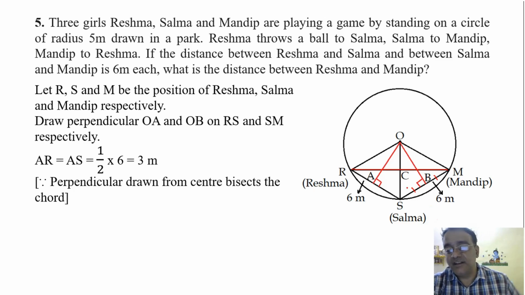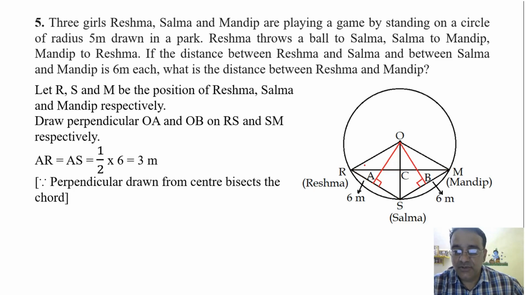Now what will we do? We will find the area. Look carefully. We'll find the area of triangle ORS. How will you find this area? Half into base into height. Right. So base we have, RS, but height is not there. So we will find the height first by using Pythagoras theorem.